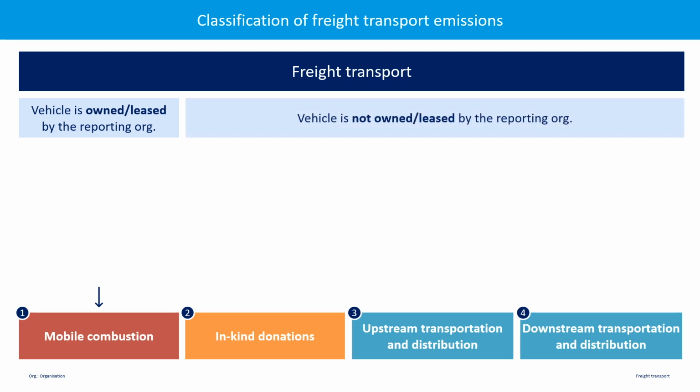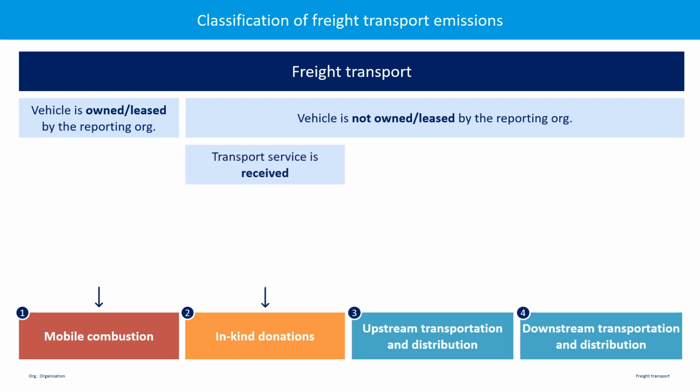So all emissions resulting from freight transport done with vehicles not owned or leased by the reporting organization, so transports done by external logistics parties or any other third party, these emissions would fall under one of the 3 remaining categories.